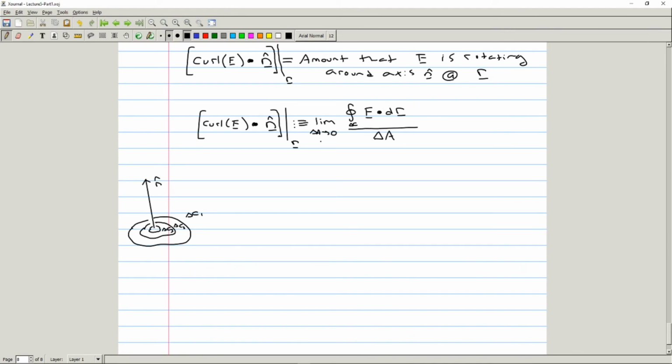At the limit, in some sense the average circulation over the area delta A, this limit as delta A goes to 0 is the total amount of curl at that point, right? The amount of rotation at that point. In this case, this is the point r.